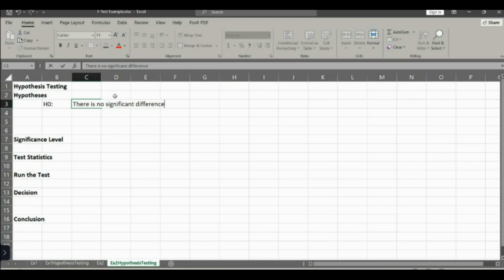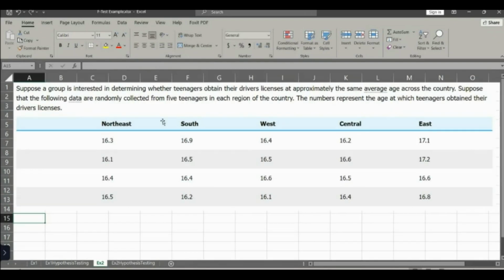So anyone, there's no significant difference in what? Again, here's the problem. There's no significant difference in what? Anyone from the group?